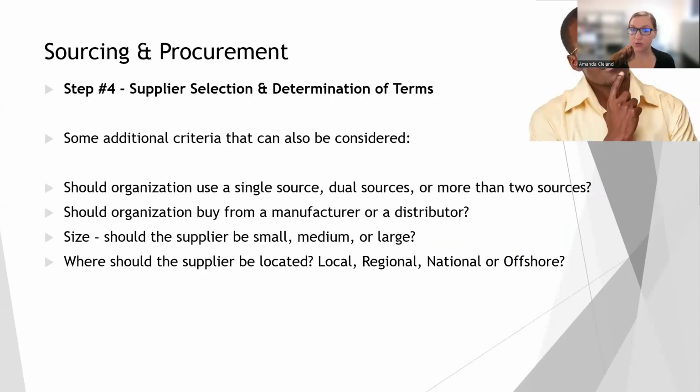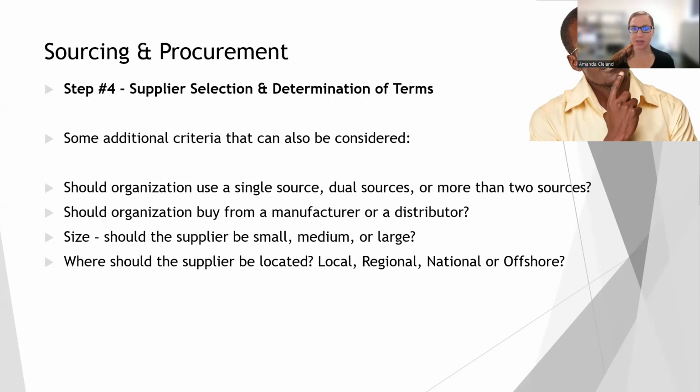And some additional criteria that we want to consider in terms of who we are going to buy from, which supplier we are going to choose. Should we only buy from one supplier, a single source? Should we buy from 2 suppliers, a dual source? Or should we buy from 10 suppliers, more than 2 sources? Should we buy from the original manufacturer or from a distributor?